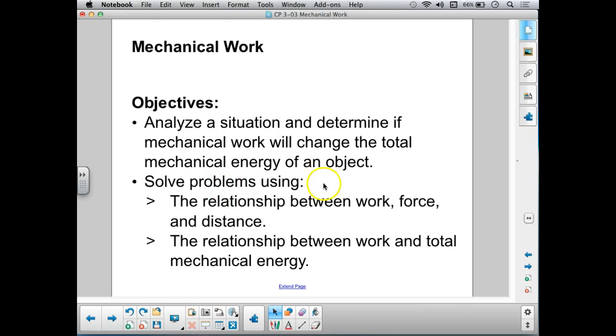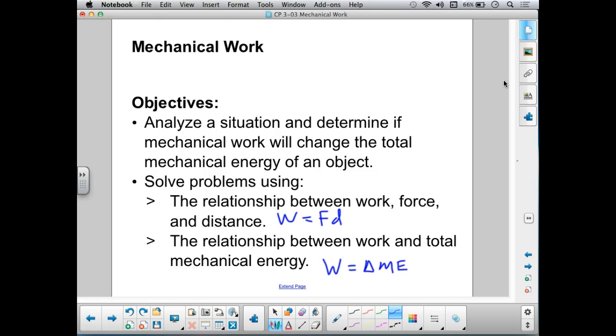You should be able to solve problems using the relationship between work, force, and distance. That's just our equation: work equals force times distance. And you should also be able to solve problems based on the relationship between work and total mechanical energy. That means knowing that the amount of work done is the amount that the total mechanical energy will change.